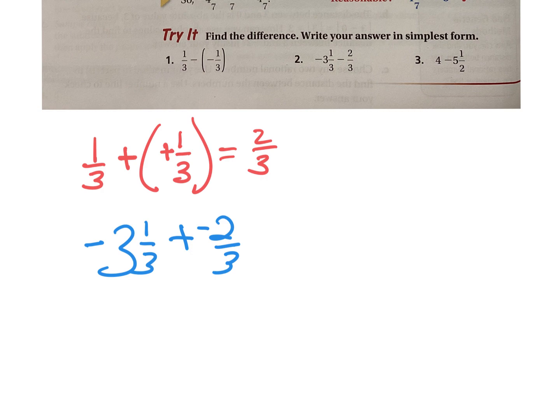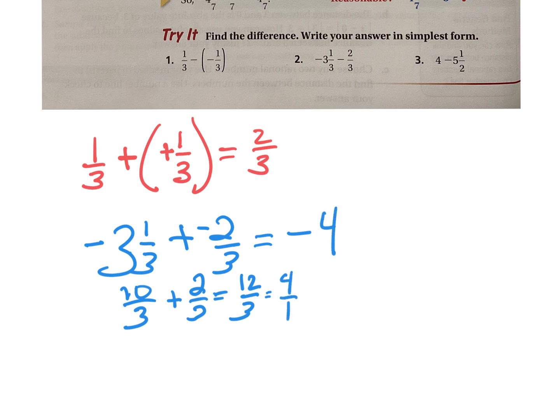Because it's a negative plus a negative, the same sign, it's going to be a negative in the end. I'm going to convert this to improper, so that would be 10/3 plus 2/3 equals 12/3. Then I can simplify it, divide each by 3, which gets me 4/1, which is the same as 4. And so my answer to number 2 is negative 4.